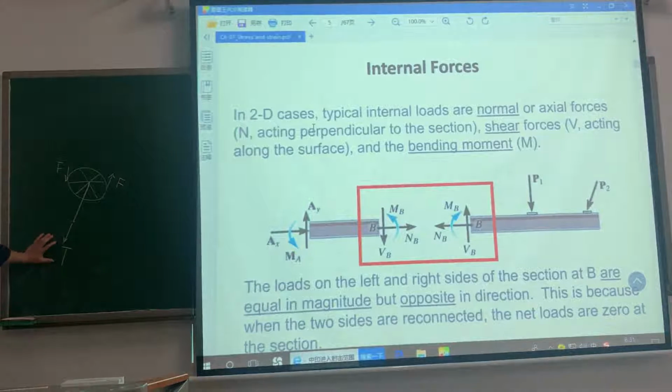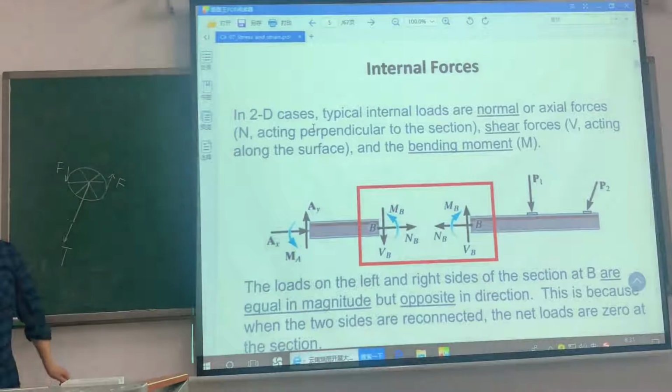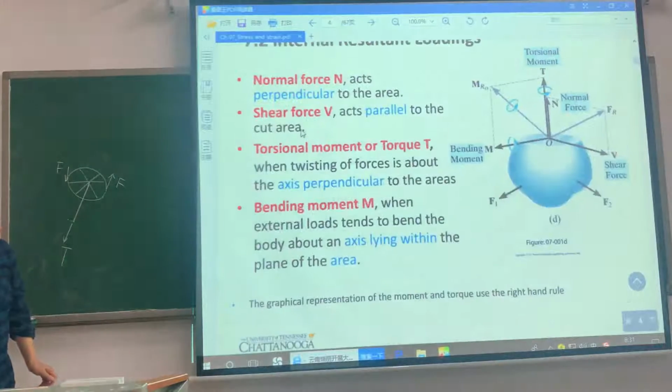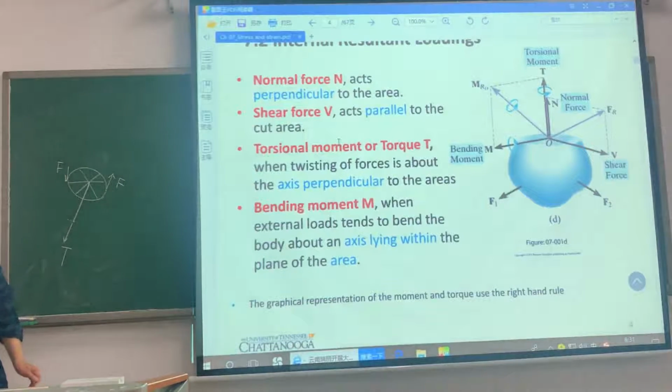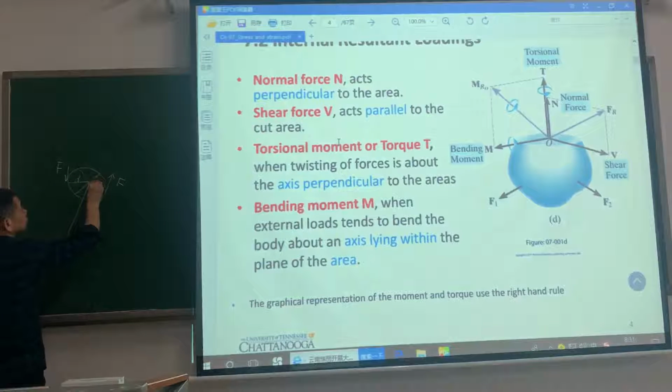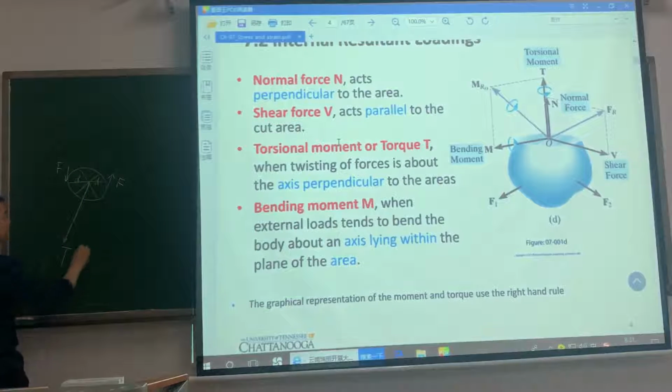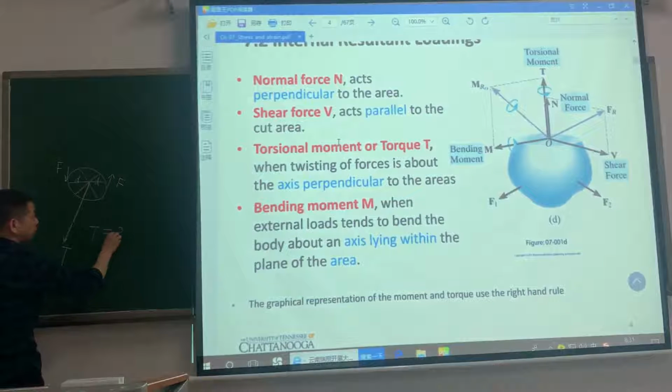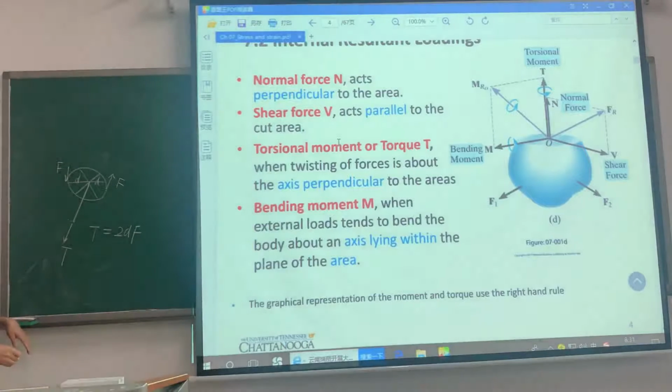This internal force is torque, the torsional moment. Suppose it's T. T must be 2πF. You can find it.